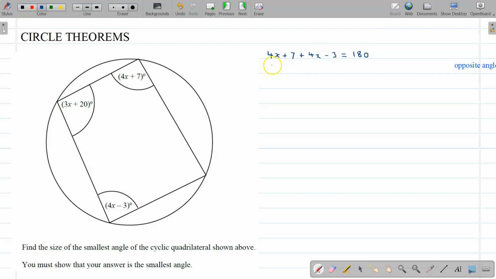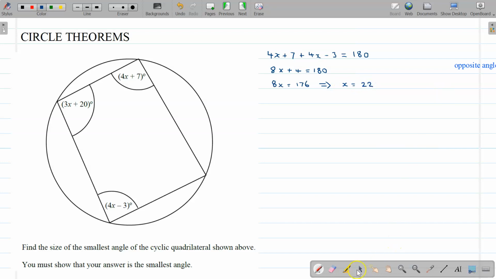If you process that, you get 8x plus 4 equals 180, and therefore 8x is 176. Divide both sides by 8, and you get x equals 22.